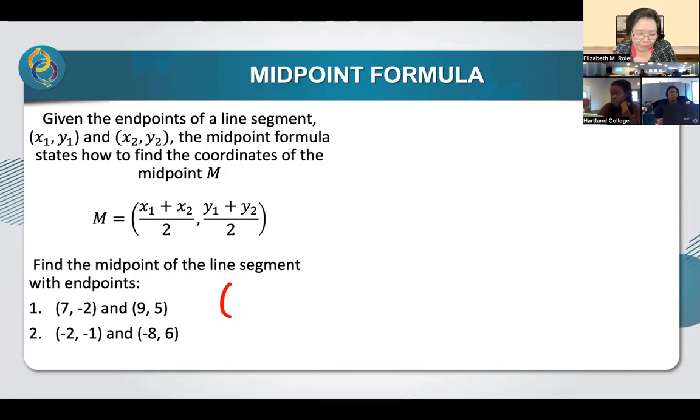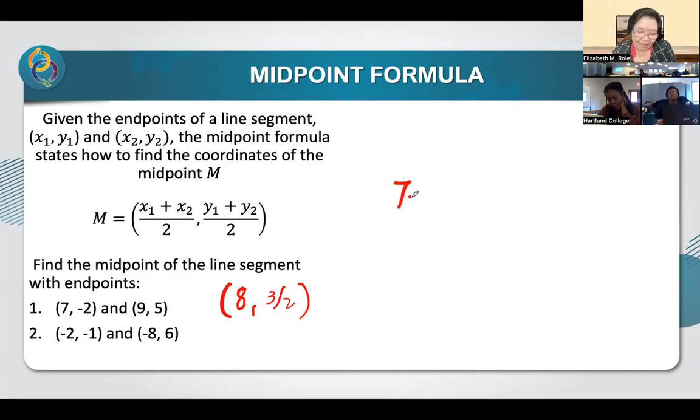Along the x-axis, 7 plus 9 divided by 2 is 8, since 16 divided by 2 is 8. Then -2 plus 5 is 3. So you're adding, not subtracting. -2 plus 5 is 3, divided by 2. You can put it as 1.5, or you can just say it's 3/2.